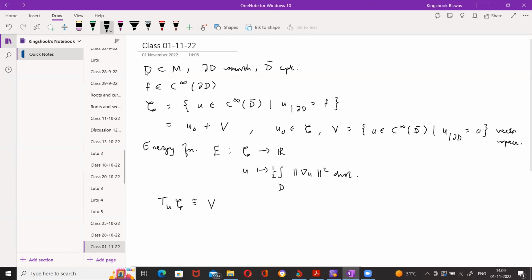So now let's take a u in C, and I want to compute the derivative of this energy function at the point u. This is going to be a linear function from the tangent space to C, which I identify with the vector space V, to R, right?